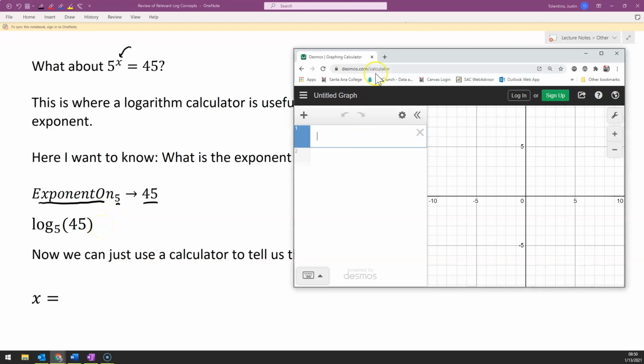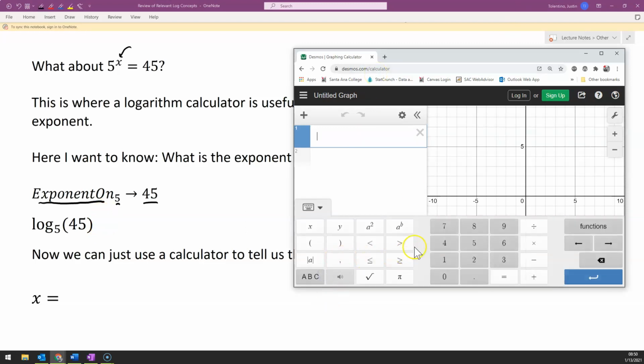So I'll just use Desmos here, and I'm going to type this in, or you can just look through it on here. But I'm going to say, what's the exponent on 5? Don't worry about how to type this in right now. And notice what it gives us. It tells us the answer is 2.3652123, and I'm sure it goes on for more, but it's rounding off to this many decimal places.